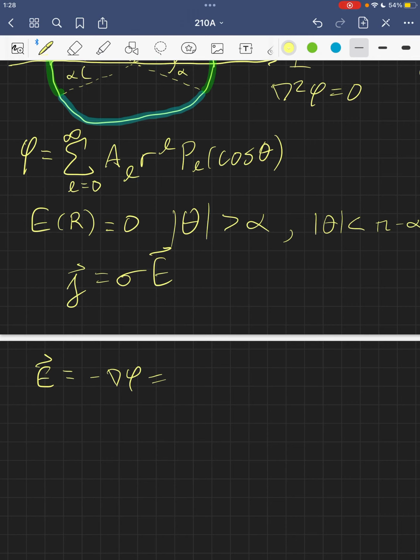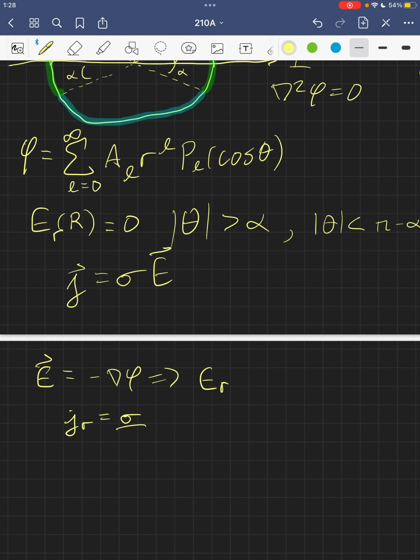We don't have any more information beyond that. But we do know that the radial component of the electric field is all that's really going to matter. Because really, I should say the radial component is equal to 0 there. But that's all that's really going to matter, because we can simply just apply this.